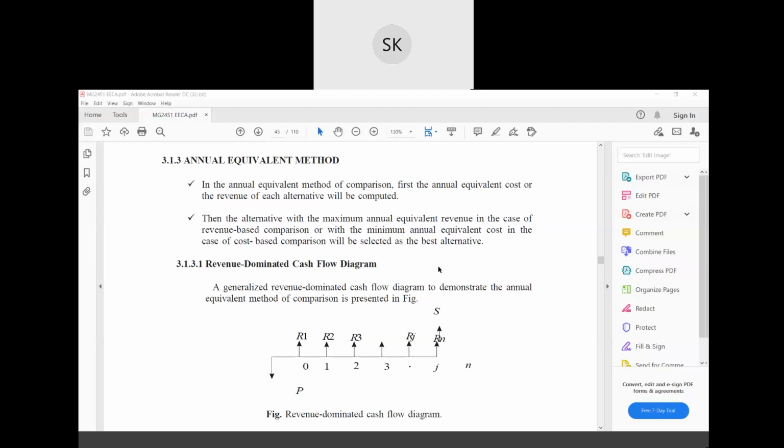How much is the annual cost of that company, or how much is the annual revenue of that company or alternative. Then the alternative with the maximum annual equivalent revenue in the case of revenue based comparison, or with the minimum annual equivalent cost in the case of cost based comparison, will be selected as the best alternative.